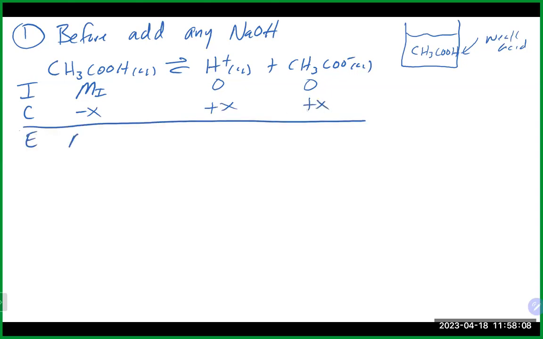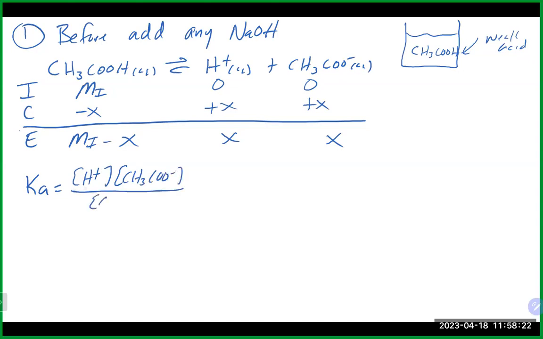We'll take our initial molarity minus X, X, and X. Like normal, we would go into our Ka expression, which in this case would be H plus times our acetate divided by our acetic acid. And that would equal our Ka value, which by the way is 1.8 times 10 to the minus 5 in this case. We would obviously solve for X, which may involve an assumption, non-assumption, whatever works like normal.